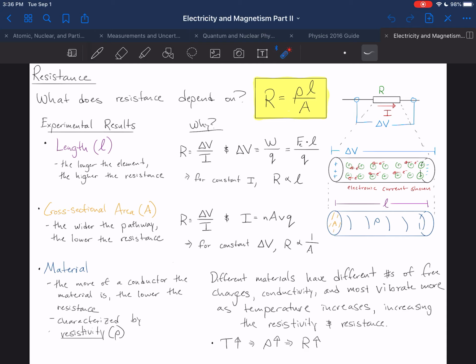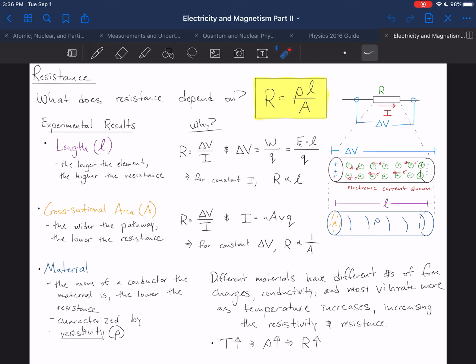So consider, for example, length. If the resistance is defined to be the potential difference divided by the current, and the potential difference is defined to be the work per unit charge, recall that the work in question is the work done by the electric force. And so it's the electric force times the length per unit charge.